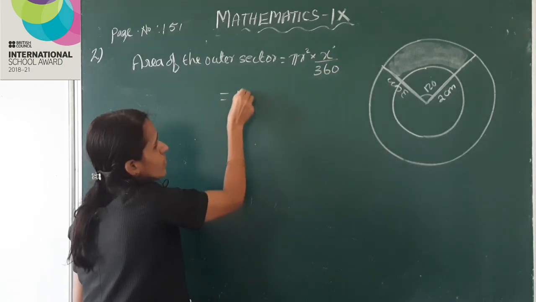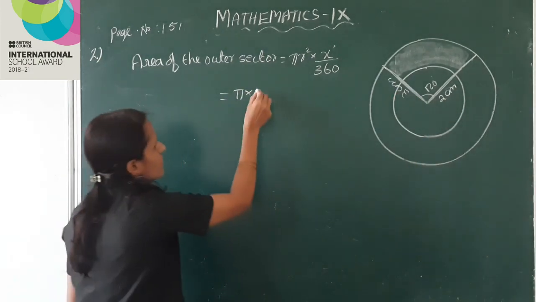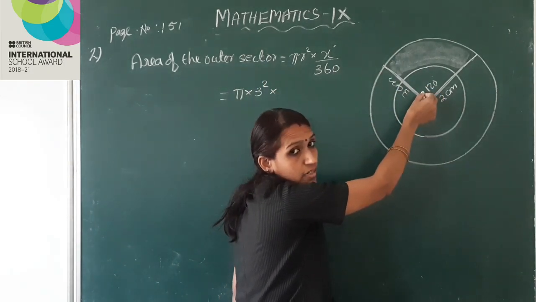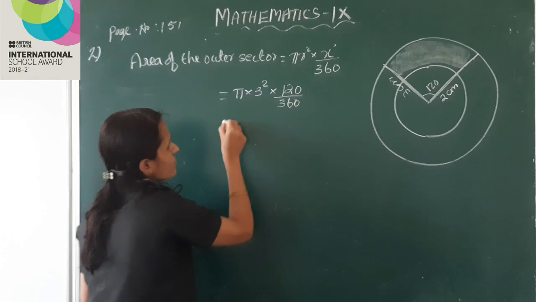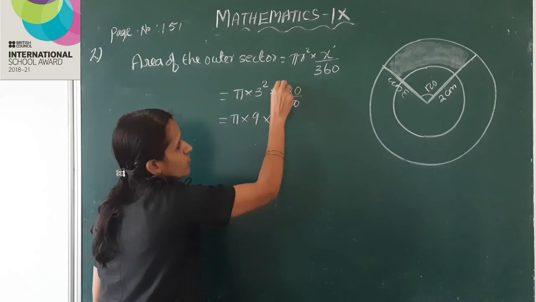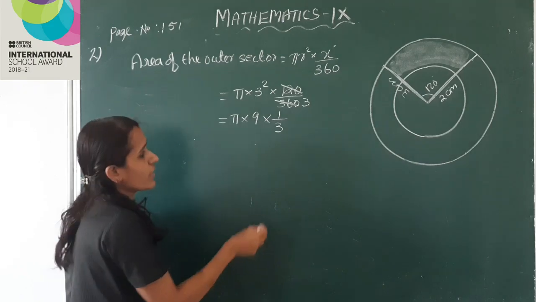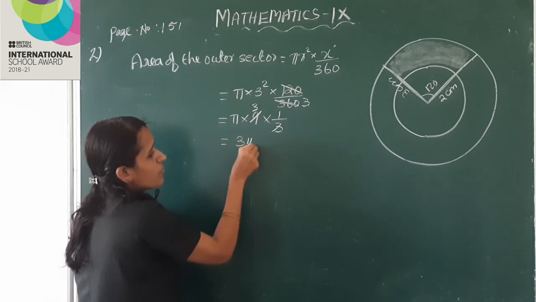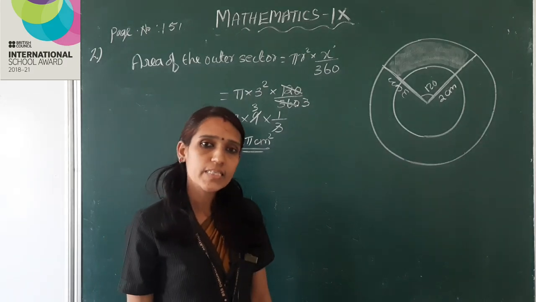This is equal to pi into, here r is 3 centimeters, so substitute 3 square into x degree. Here the central angle is 120 degree. 120 by 360. This is equal to pi into 3 square is 9 into 1 by 3. 9 divided by 3 is 3. This is equal to 3 pi centimeter square. Area of the outer sector is 3 pi centimeter square.